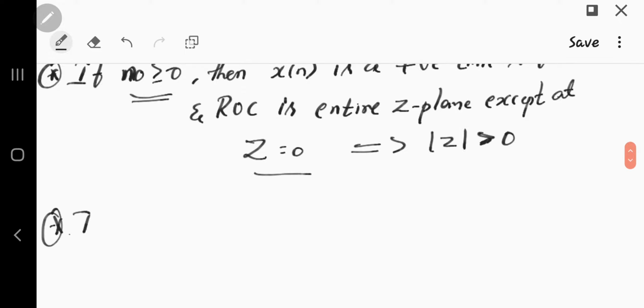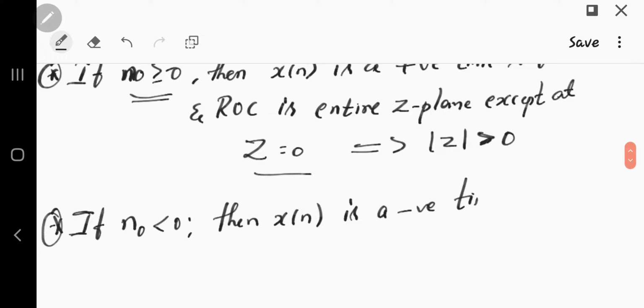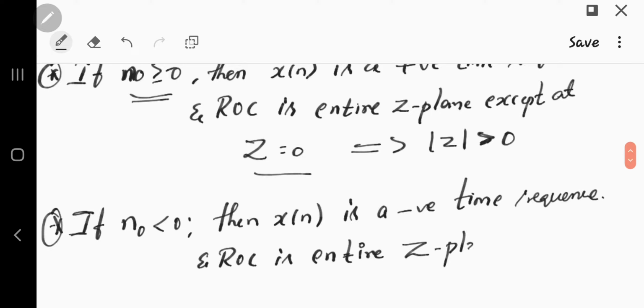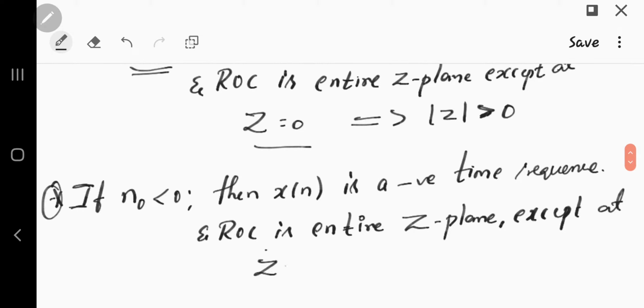Next, if n naught is less than 0, then x of n is a negative time sequence, and this ROC is the entire Z plane except at Z equal to infinity.